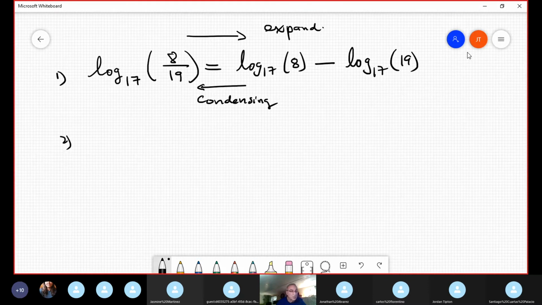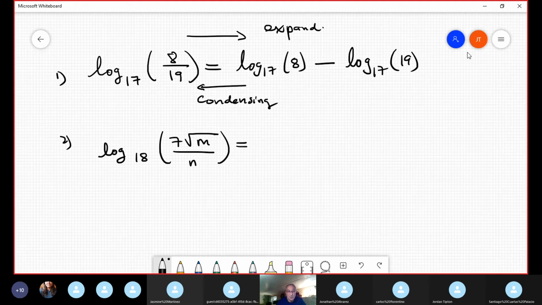Example 2 is a little bit more confusing: logarithm base 18 of 7 square root of m, divided by m. Our algebraic expression contains 1, 2, 3 parts, so I suppose that we have 3 logarithms. The first logarithm is logarithm base 18 of 7 alone. And the arithmetic operation between 7 and square root of m is times. We have an invisible period here. So multiplication is plus.